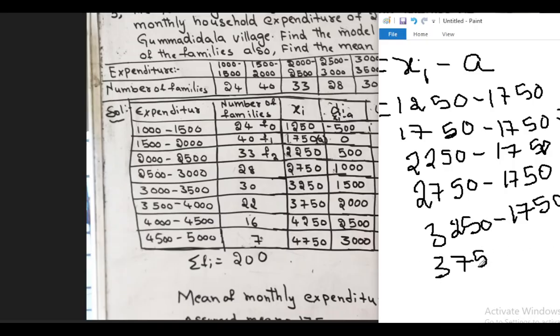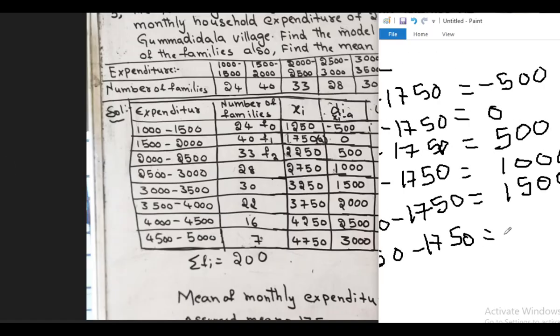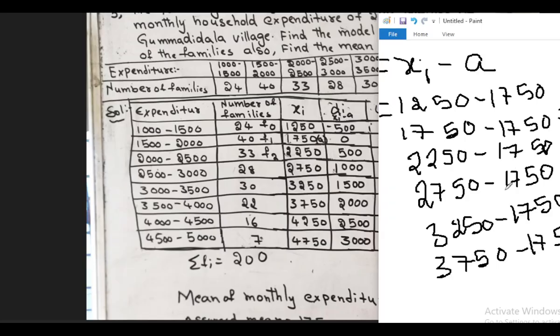Then 3750, from that if we subtract 1750, we get the deviation as 2000.